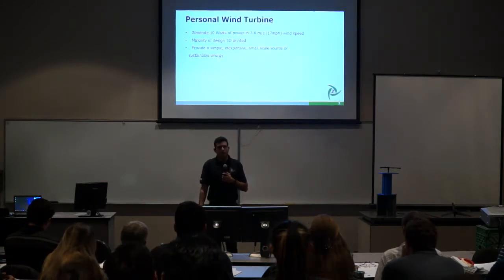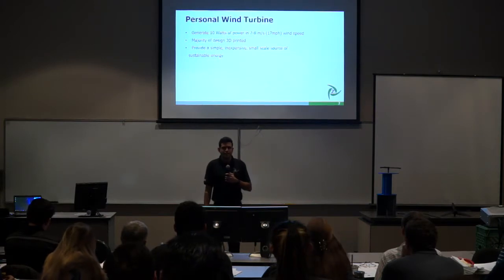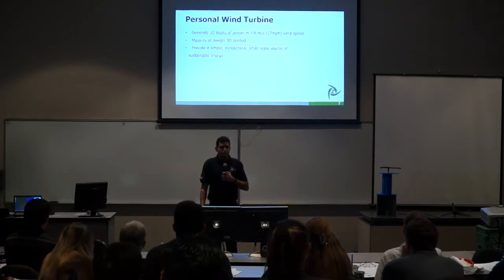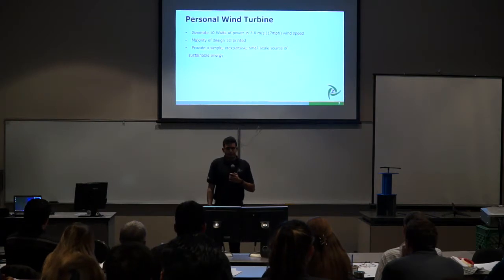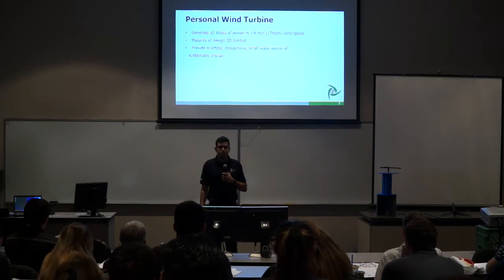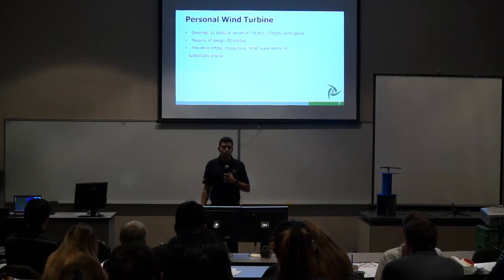The personal wind turbine that Project Zephyr is designing will generate 10 watts of power at 7 to 8 meters per second wind speed, or around 17 miles per hour. And the majority of the design will be 3D printed due to its accessibility and inexpensiveness.